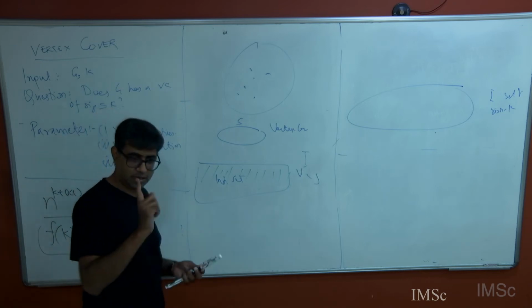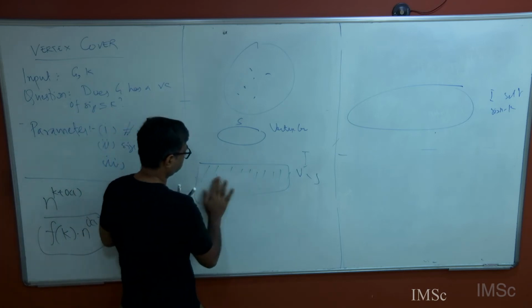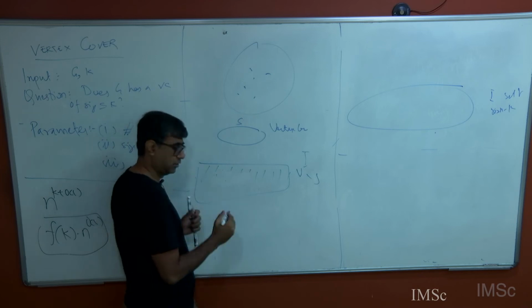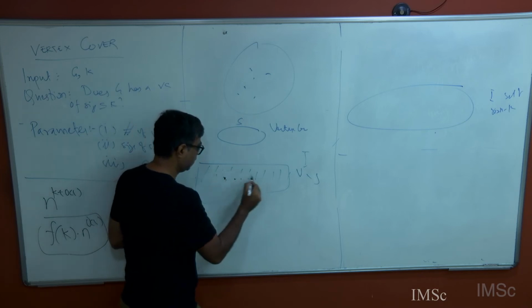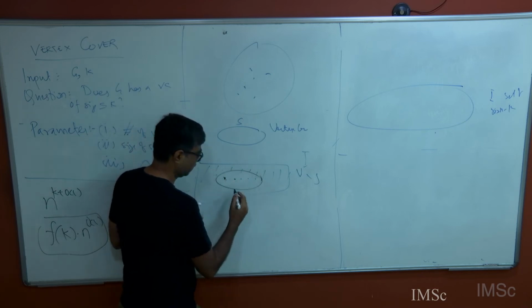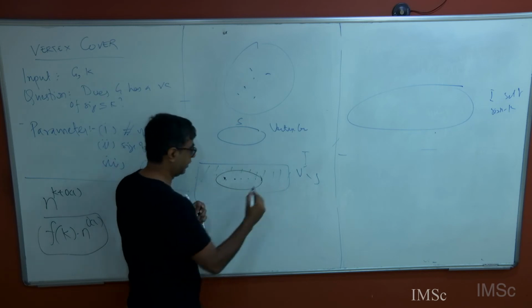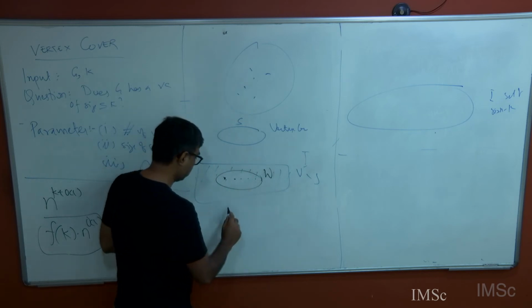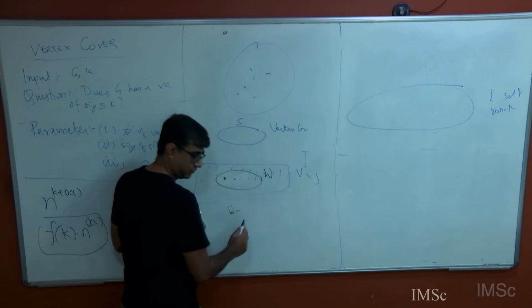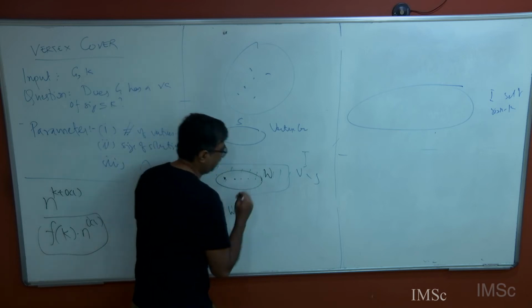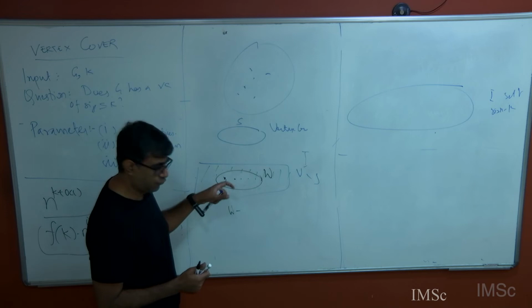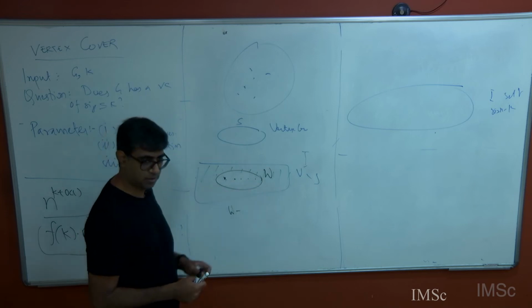But I can give you some vertices, say W, whose size we'll worry about. What is the smallest size W that you think, if you can get it from this I, you can get S?